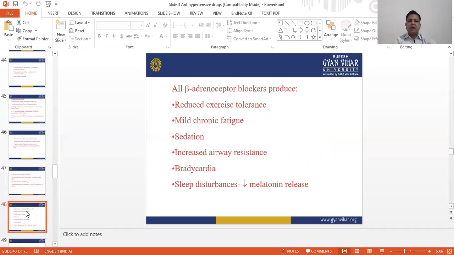All beta adrenergic blockers produce reduced exercise tolerance, mild chronic fatigue, sedation, increased airway resistance, bradycardia, and sleep disturbances due to reduced melatonin release.